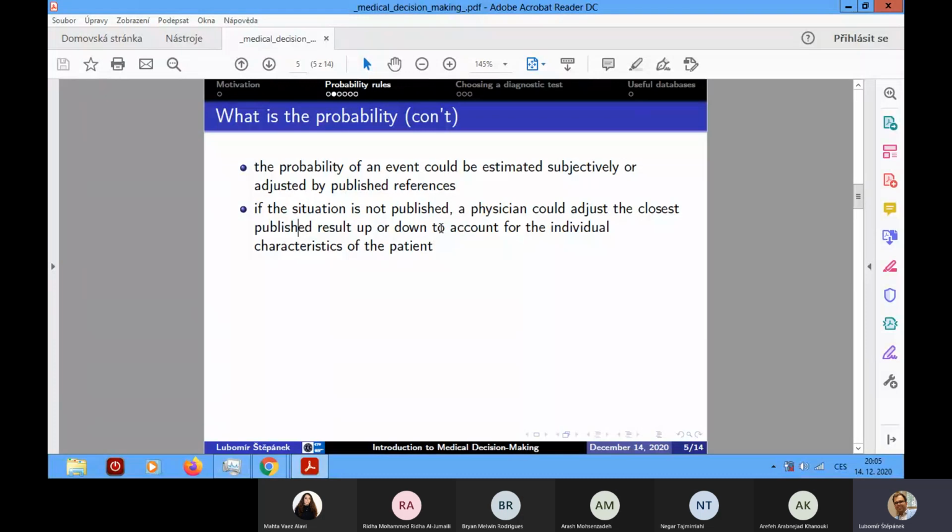So you can use common sense, your experience and your intuition to adjust the published numbers, the published probabilities.